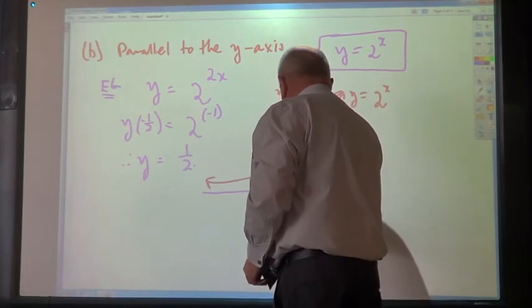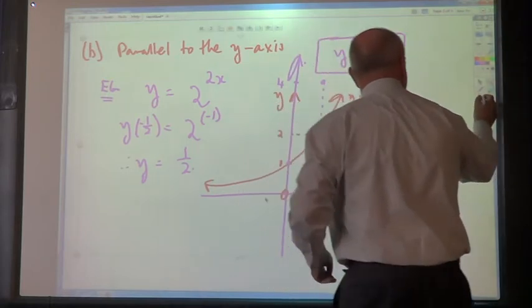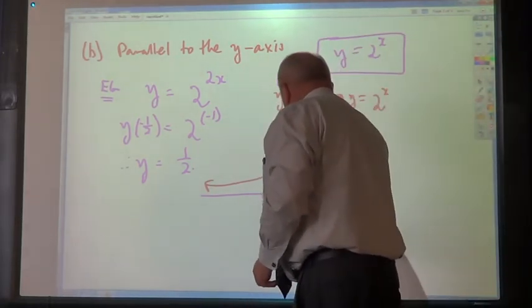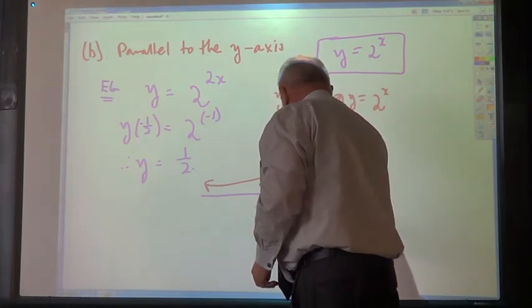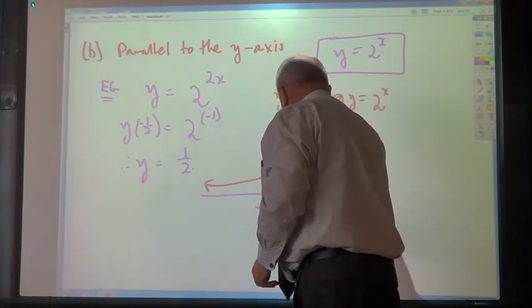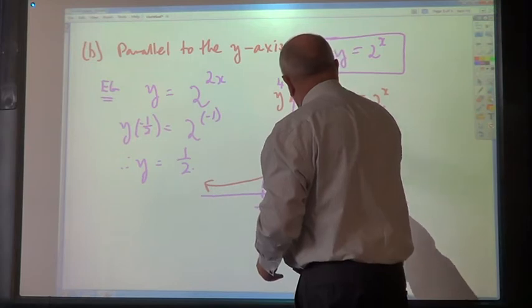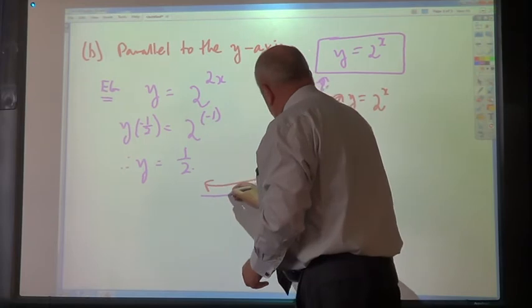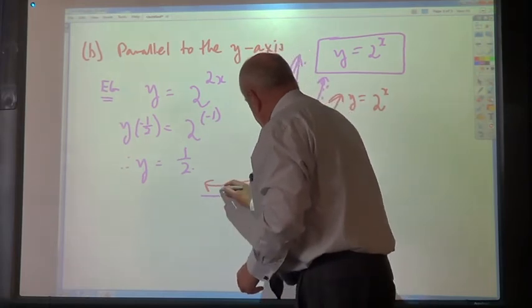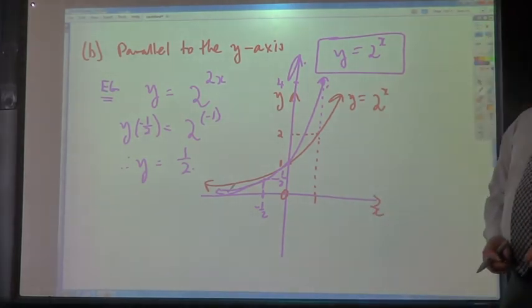Now, this doesn't actually prove it, but what is going to happen is that I'm going to get this purple line crossing, intersecting, in this case, at the y-axis.